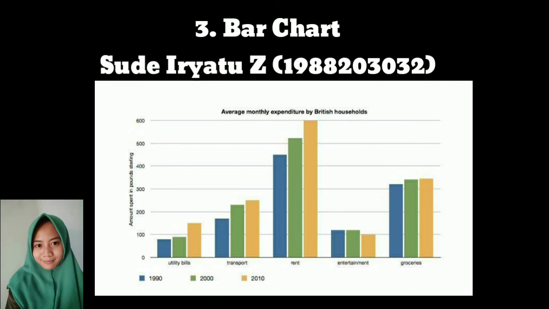Although expenses on utility bills and entertainment were the least that people spent in the UK, the utility bills hiked from below 100 in 2000 to nearly 150 in 2010. In opposite to this, expenses on entertainment were slightly above 100 in 1990 and 2000, which declined and reached 100 in 2010.